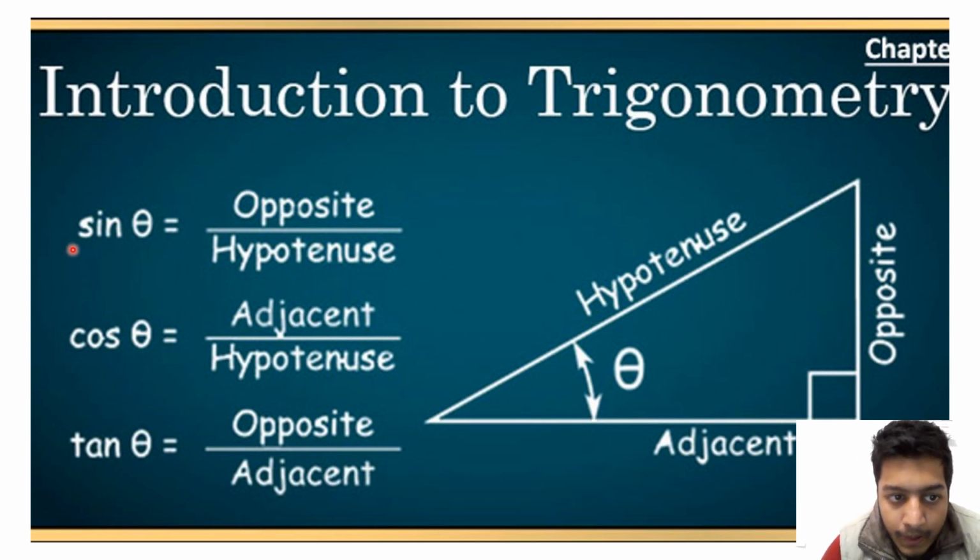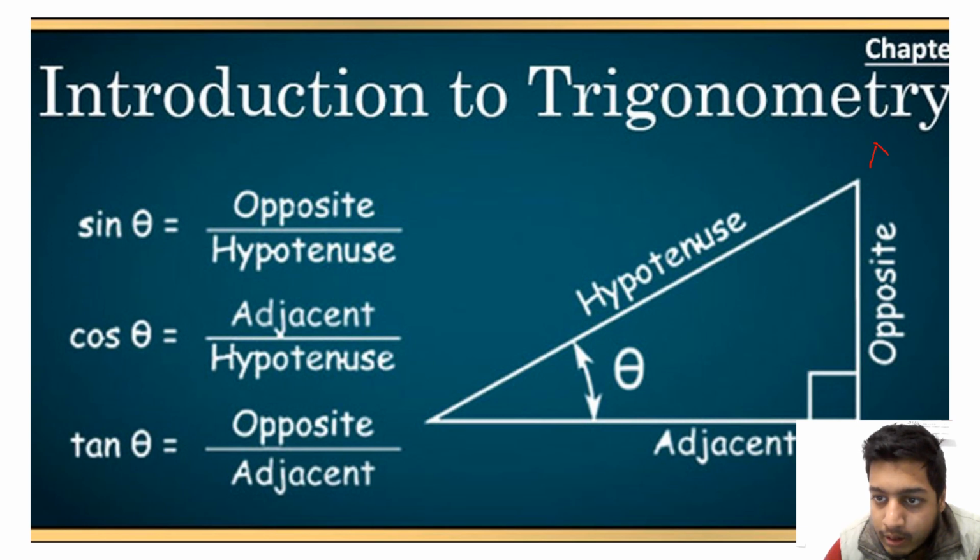Sine theta. Theta is the angle, which is denoted over here. So what is the value of sine theta? We will see in this table with respect to this triangle. Sine theta is equal to opposite upon hypotenuse, meaning this side upon hypotenuse. I can name this side for you.